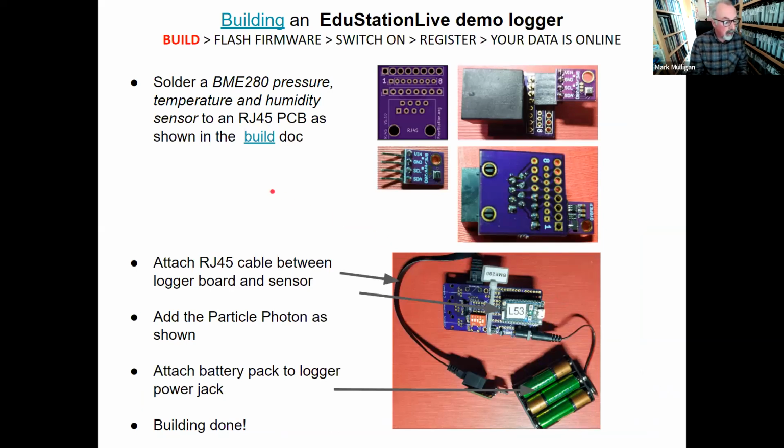Once you've put together your components, you need to put together the sensor that you're going to attach. In the basic version of the classroom demo, the sensor we use is the BME280 temperature, humidity, air pressure sensor. You attach it to a small printed circuit board like this, exactly in this way. So that's the sensor.